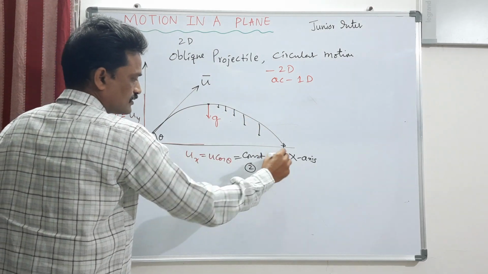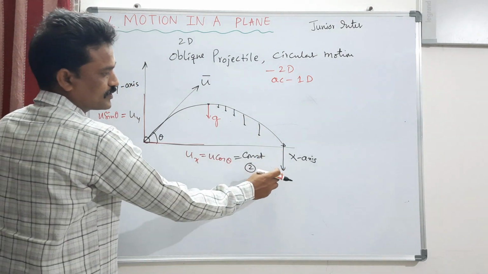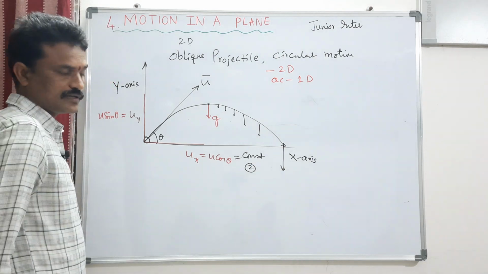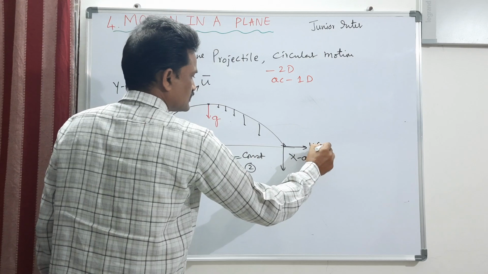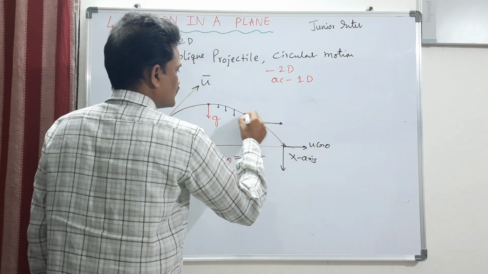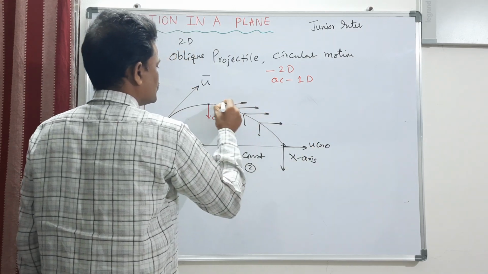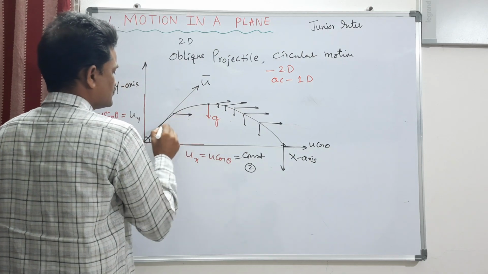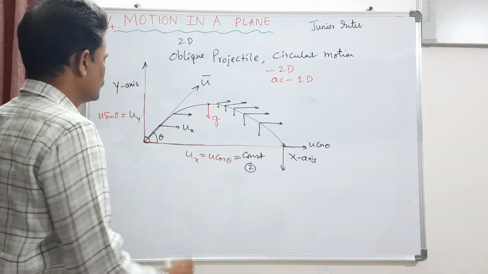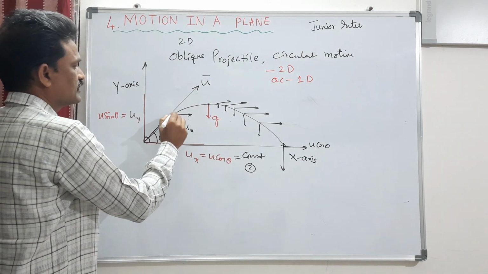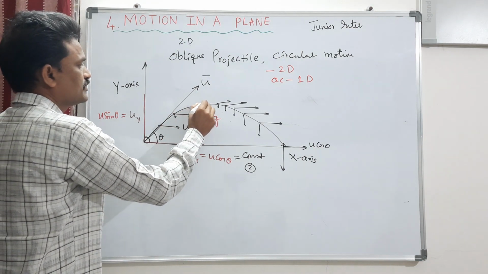So here the vertical component of velocity has maximum value, but the horizontal component u cos theta remains the same at all the points. Whatever the point you consider, at all the points this ux remains constant. But the uy value gradually decreases and becomes 0.